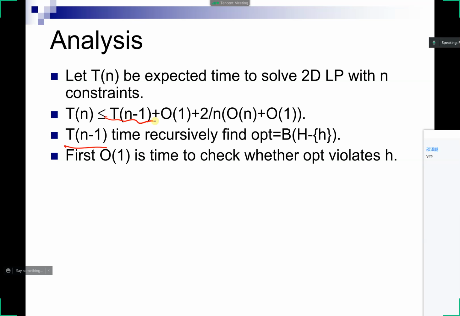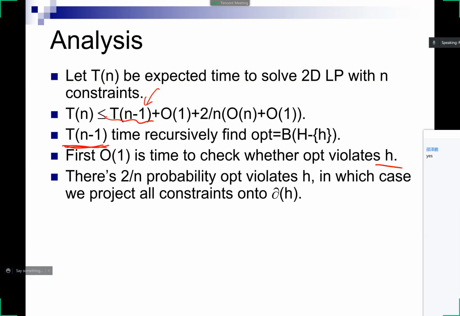Then you need to check whether the optimum that you get from the recursive solution violates the constraint that you took out, this little h. That's going to take constant time. This recursive solution is going to be some point, and you just need to check which side of h it's on. That's like a dot product, so that takes constant time.